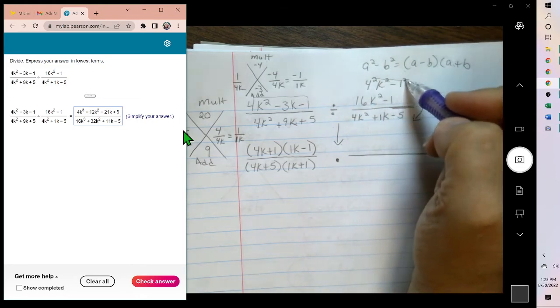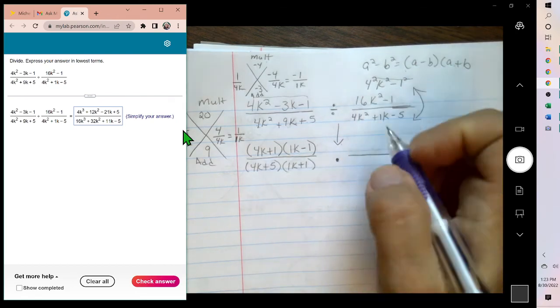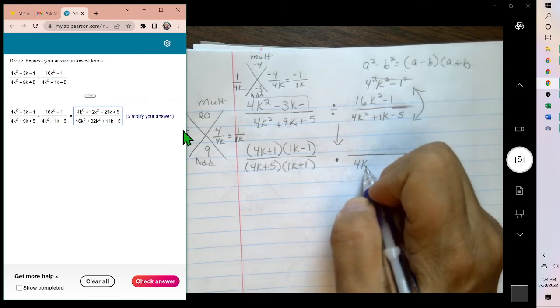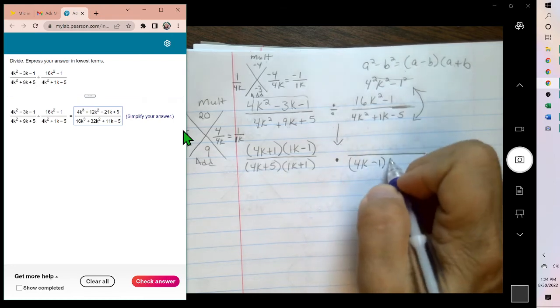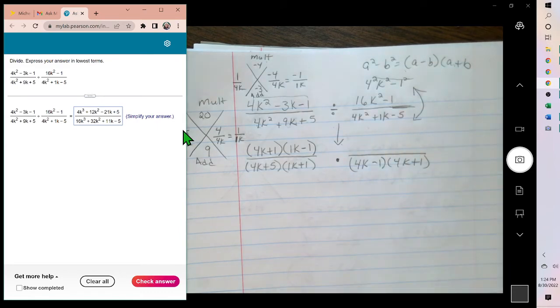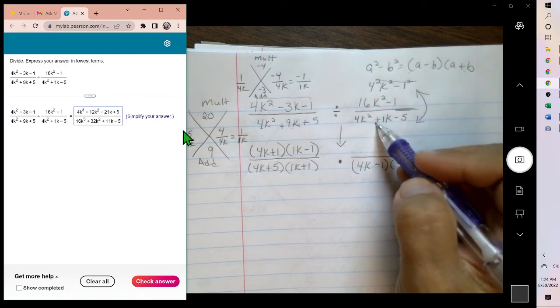Drop off your squares: 4k minus 1, 4k plus 1. And we're moving that to the denominator, 4k minus 1, 4k plus 1. And we're flipping it, so now this one's going to go on top.